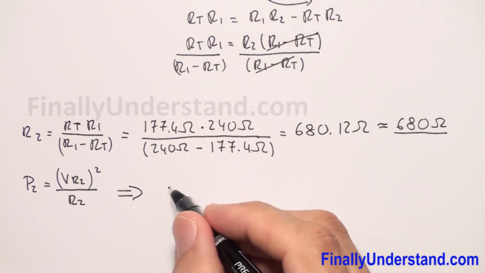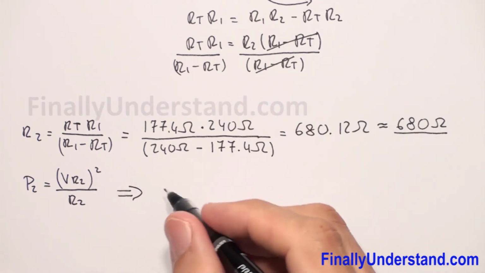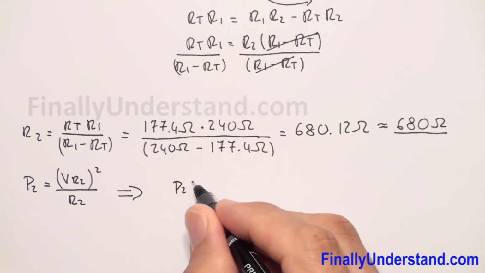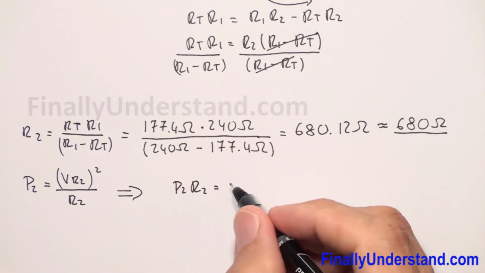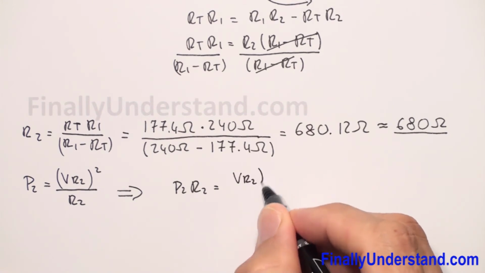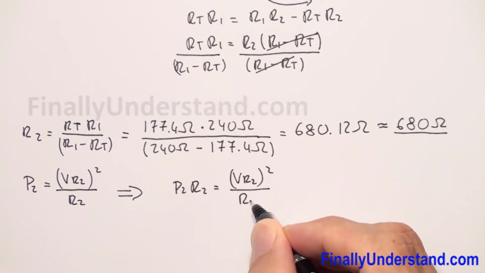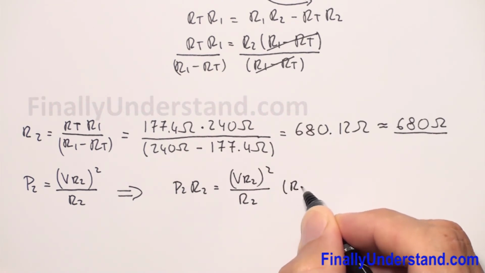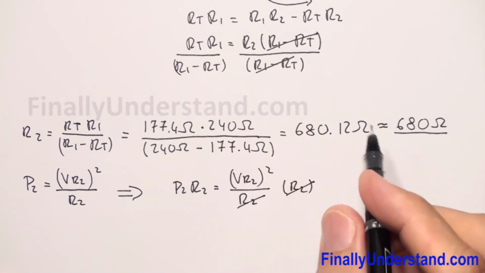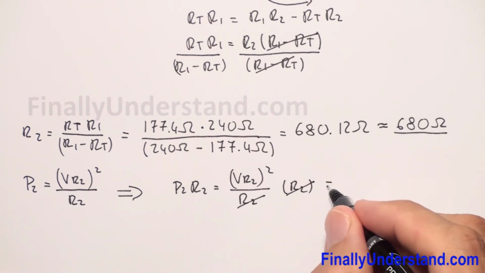So I have to multiply the left side by R2 and the right side by R2. So I have P2 times R2 is equal VR2 to the second power divided by R2 times R2. R2 and R2 will cancel out.